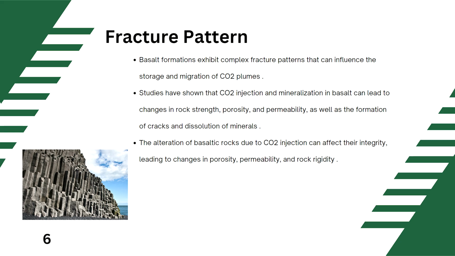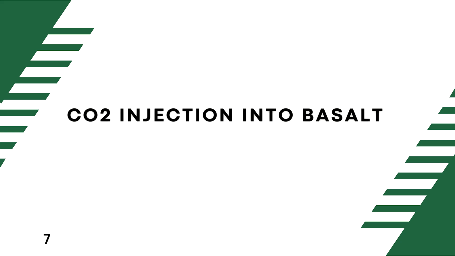Assessing the evolving characteristics of basalt formation is crucial for comprehending how CO2 is stored, released, and potentially transported within the reservoir. This deeper understanding is indispensable for designing effective CCS strategies and ensuring the sustained containment of CO2 over extended periods.